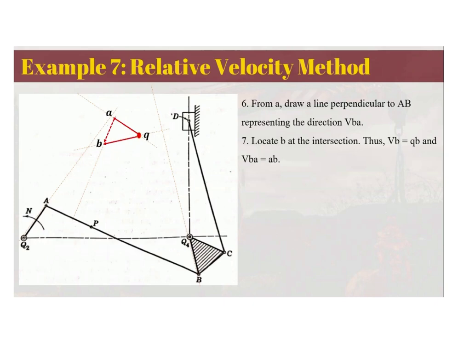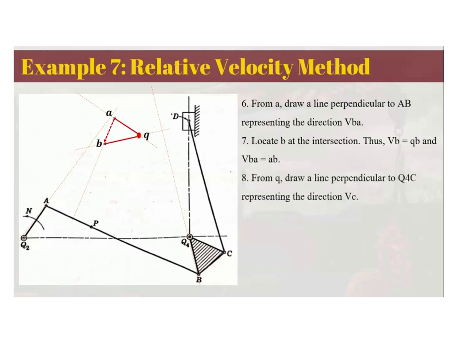So now we have the velocity of B, because our velocity of B is represented by QB in the velocity polygon. And also we are able to find the velocity of B with respect to A, and that is AB. So the direction of the velocity of B with respect to A is from A to B.